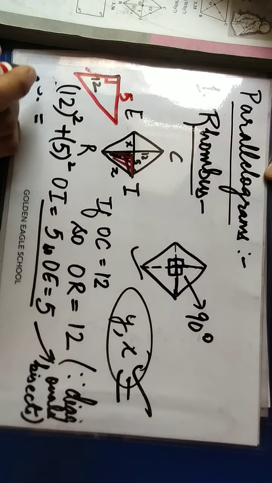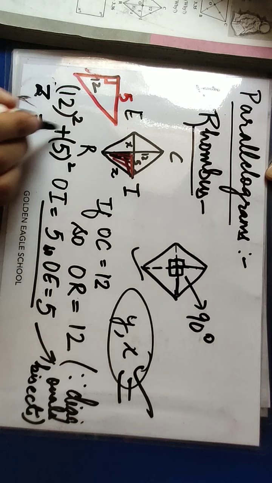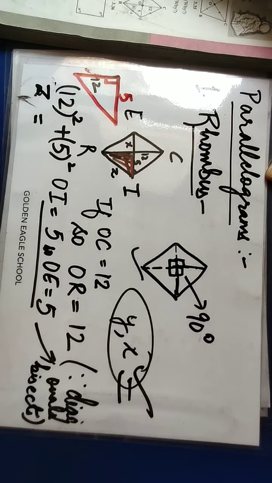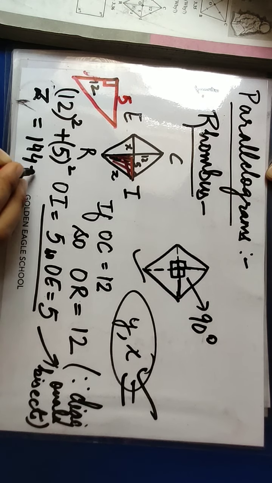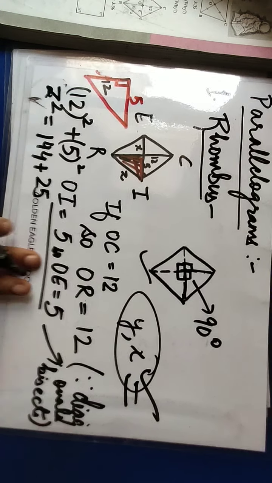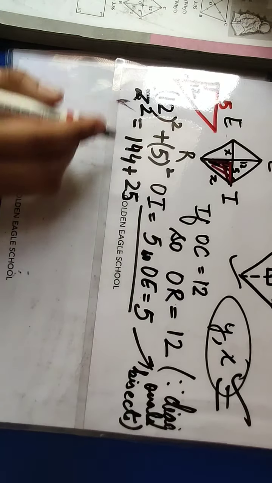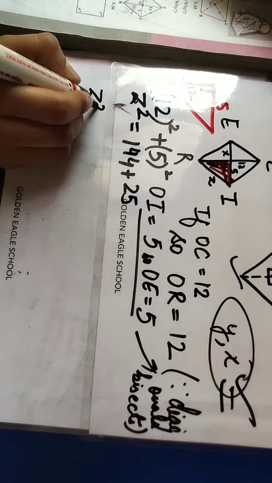That is Z. So Z square is equal to 12 square plus 5 square. 12 square is 144 and 5 square is 25. So Z square is equal to 144 plus 25.